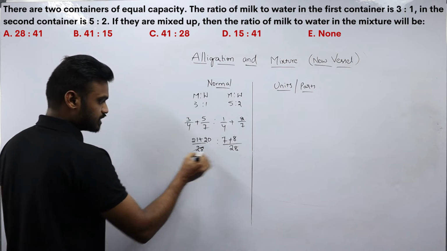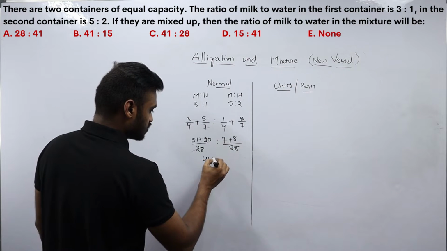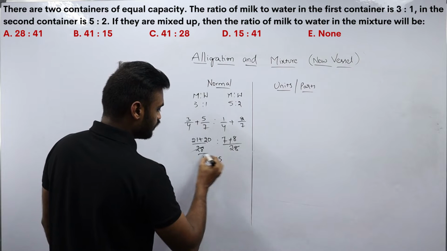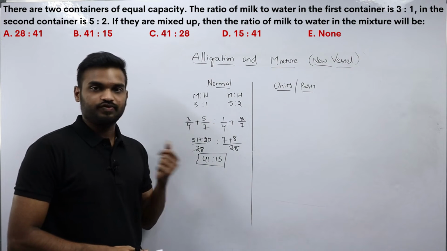So the 28 and 28 cancel, and we get 21 plus 20, that is 41, to 7 plus 8, that is 15. So the ratio of milk to water in the resultant quantity is 41:15.